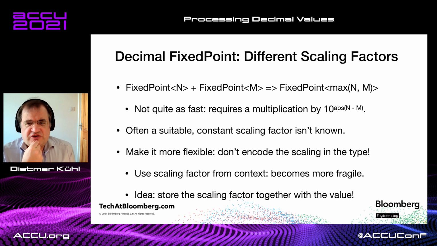Maybe we could just go and say, well, we basically don't encode the scaling factor into the type, and we just have it flexible, and it comes from context. This is actually what people do on exchanges. I know that. I've worked in a space where they get data from exchanges. They basically tell you at the beginning of the day, the values on this instrument are scaled by this factor, 10 to the power of 3 or 2 or 4, whatever it is.